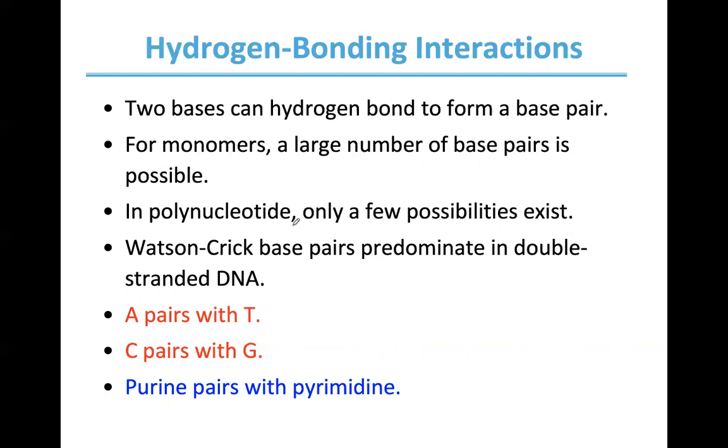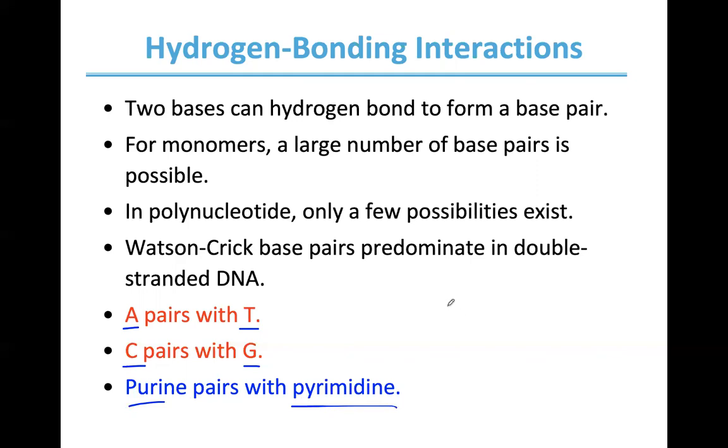If you just try to link two bases together, lots of base pairs are possible. But in the polynucleotide, once you link them through the ribose backbone, only a few possibilities exist. And always keep in mind that A pairs with T and C pairs with G. So these are purine always with pyrimidine, okay?